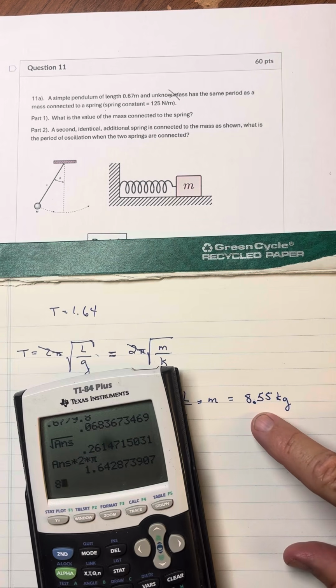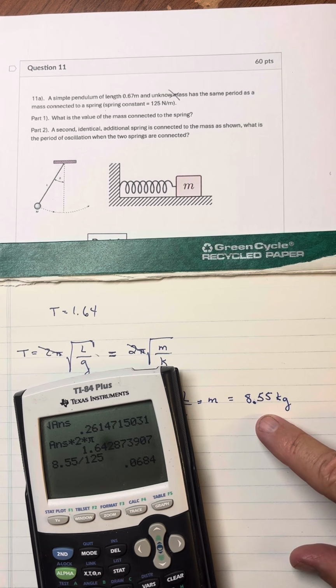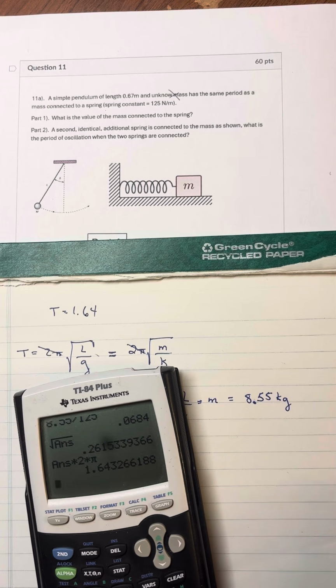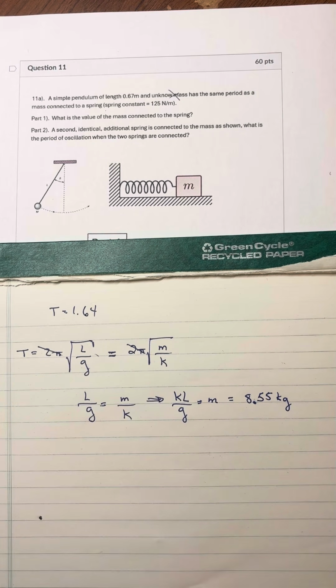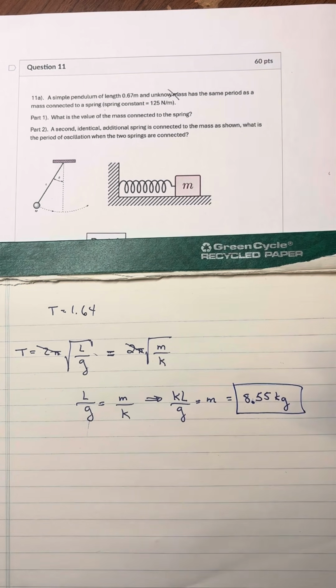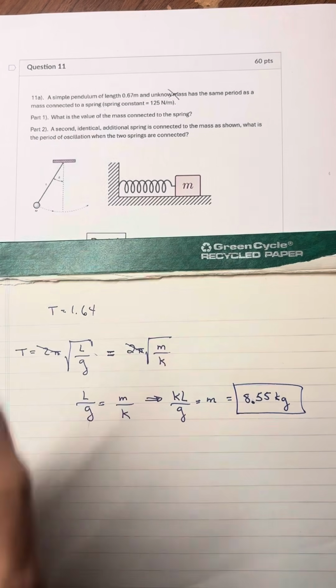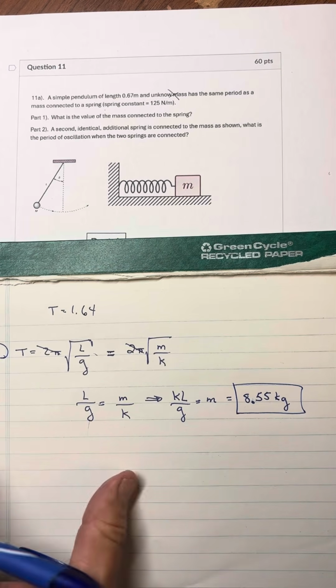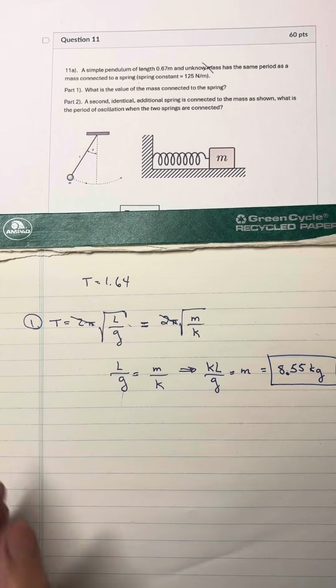And here, 8.55 divided by 125, square root, times 2 times pi. Okay. All right. So 8.55 kilograms. What is the value of the mass? All right. So there's part 1, and maybe the easier part of it.